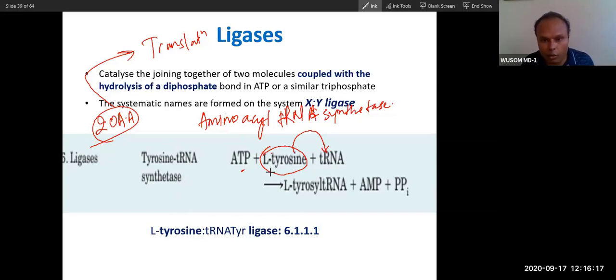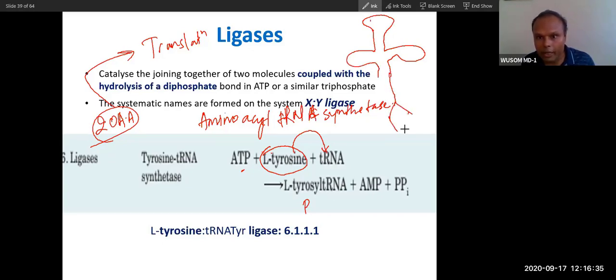The resulting product will be tyrosyl tRNA. This is tRNA, which is clover leaf shaped, and one amino acid is chosen and attached by utilizing ATP.